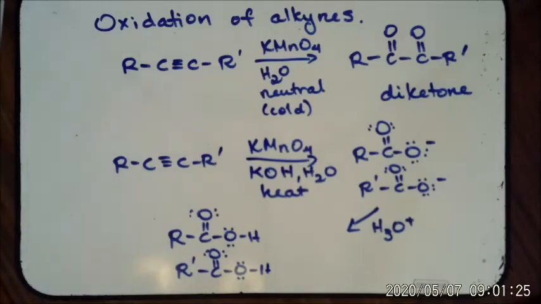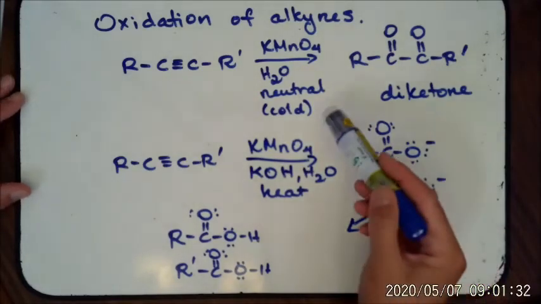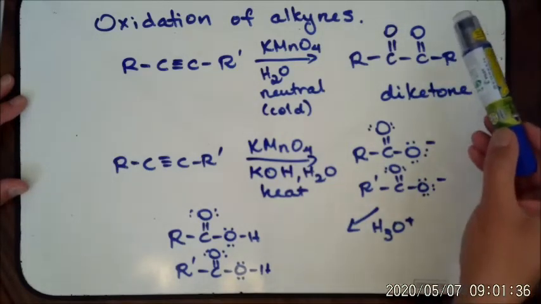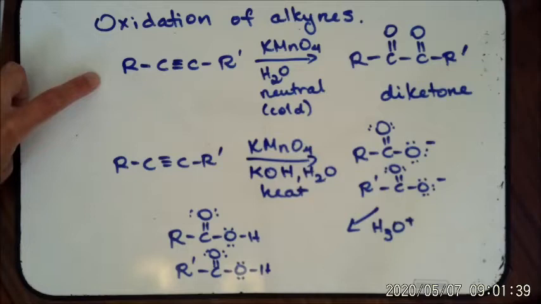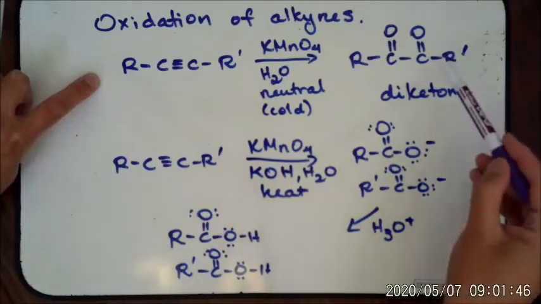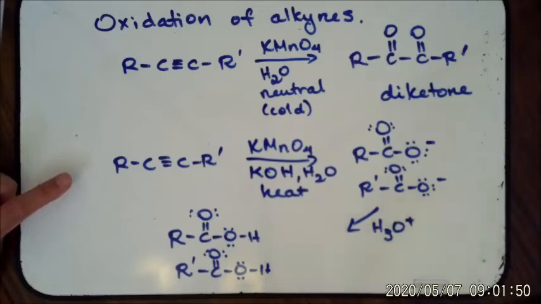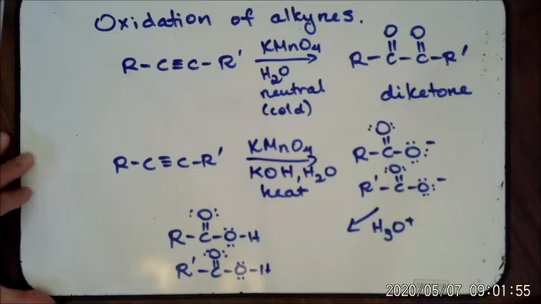So oxidation of alkenes we saw previously. You use potassium permanganate with water, a little bit of base, but we had to make sure it was cold. You added OH groups across the alkene. Here, you do add your hydroxyls across your alkene, and you end up losing water because you then form the diketone. For alkenes, I'm always going to refer back to them because once you know that chemistry, the alkynes just flow right into it.